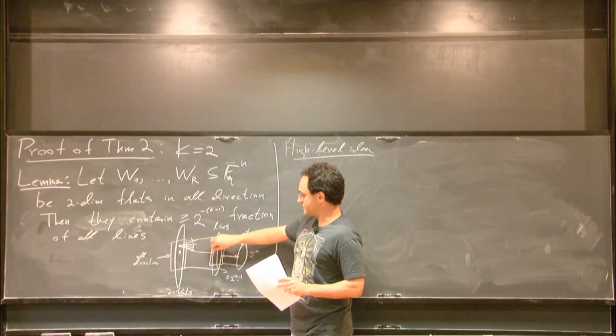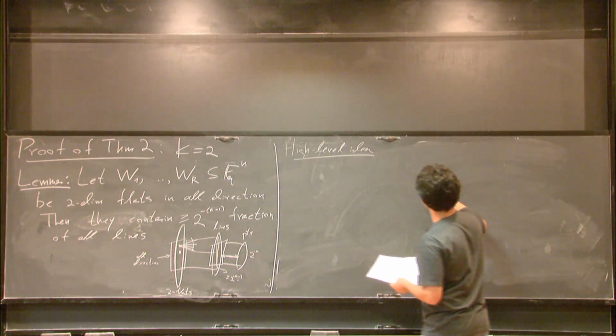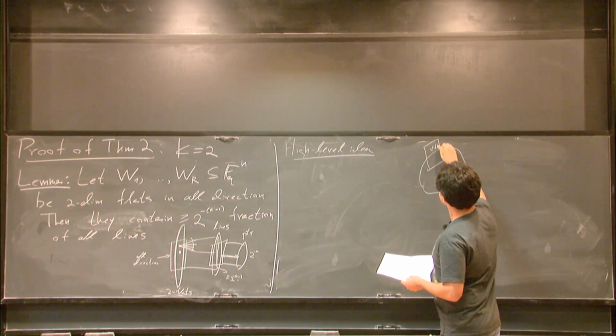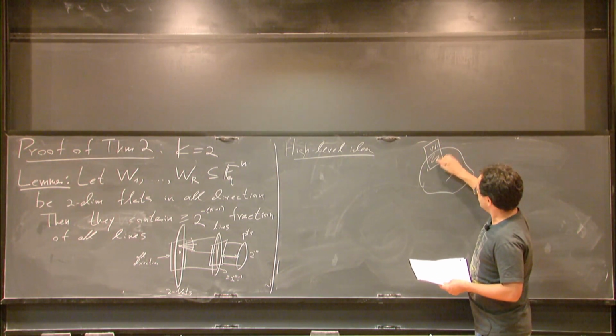You take one step here, and you see that in each of these, okay, so you have your set S, and you have these WIs. In each WI, I have m points.